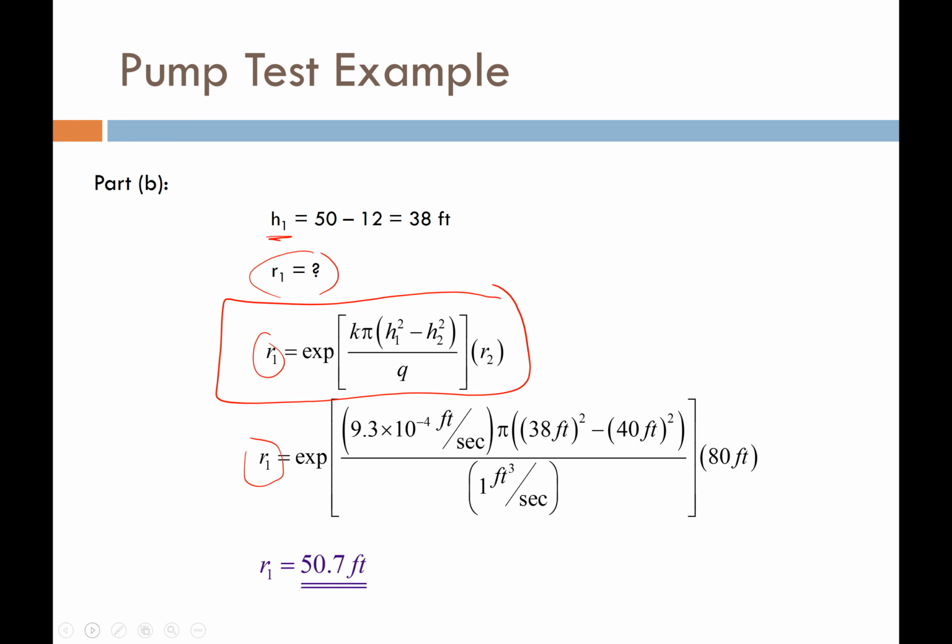And I get 50.7 feet away from the pump well. If I were to put an observation well down, the water would be 12 feet below the ground surface. So this is pretty powerful stuff because we can now use these drawdown equations to estimate how far down we can safely excavate, for instance, for a construction project if we were pumping the groundwater down.